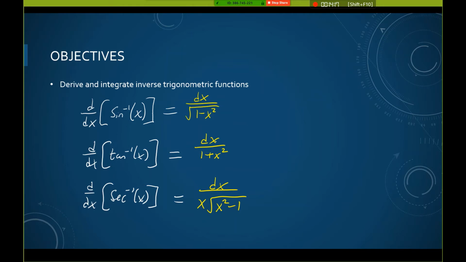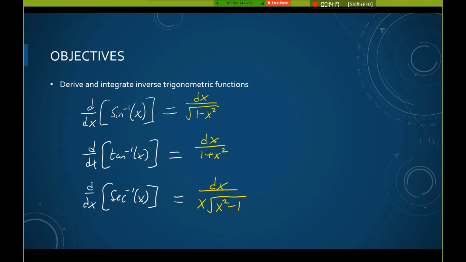Okay, so what that means is, working backwards, if I wanted to integrate, the integral of dx over root 1 minus x squared should equal arcsine of x.